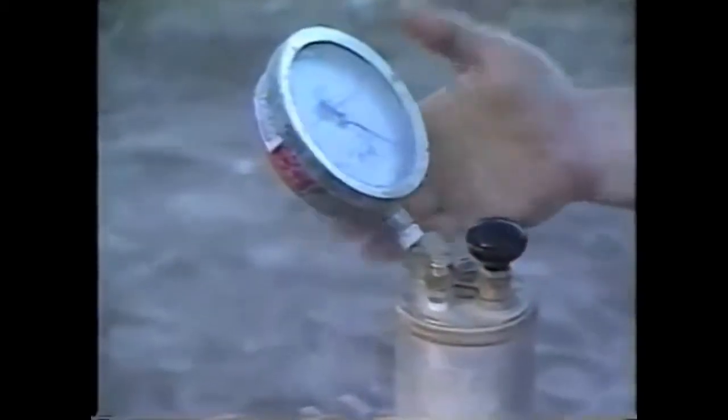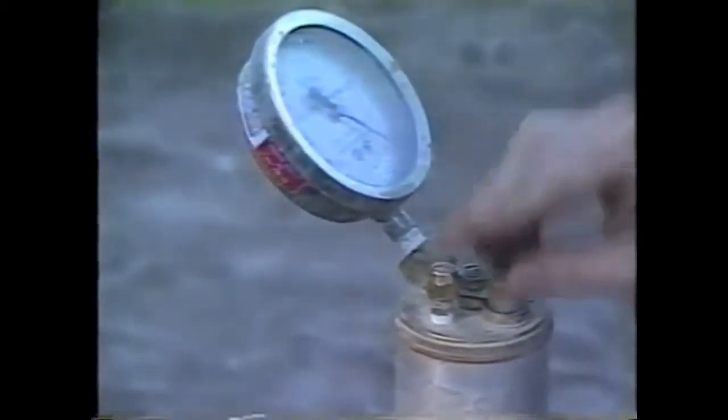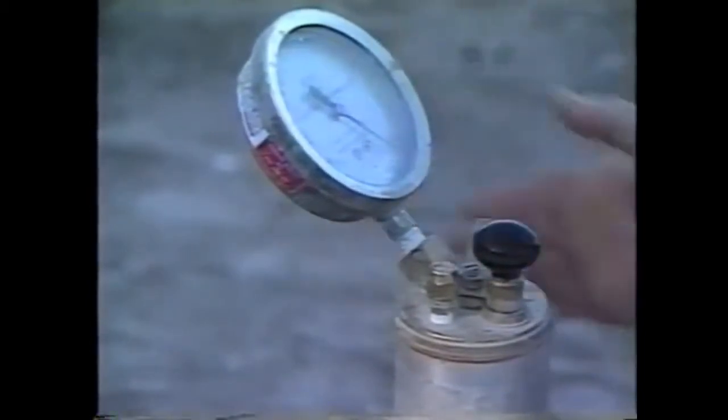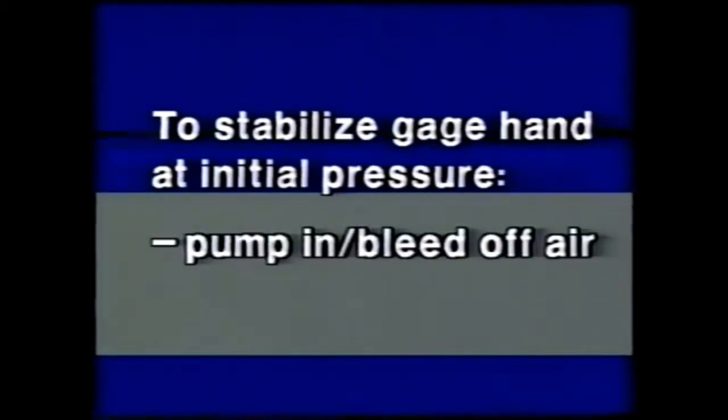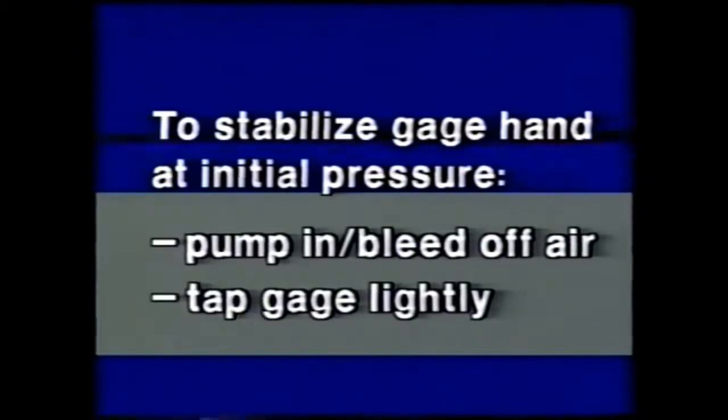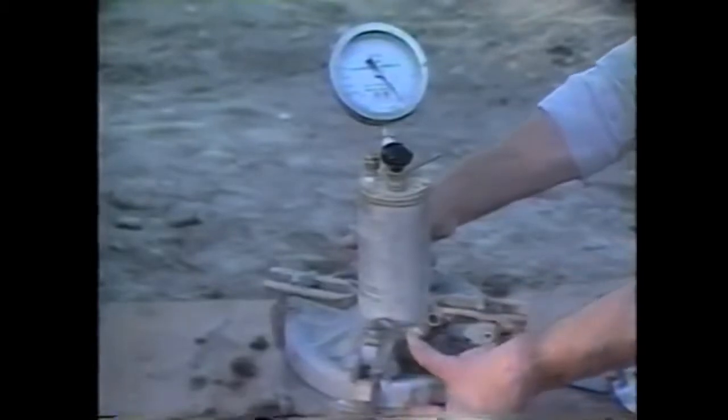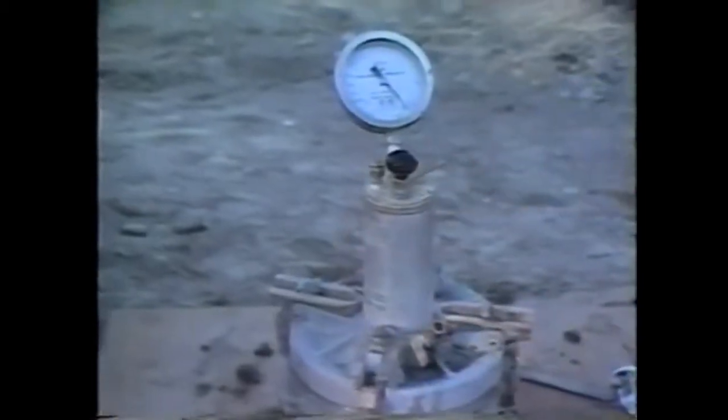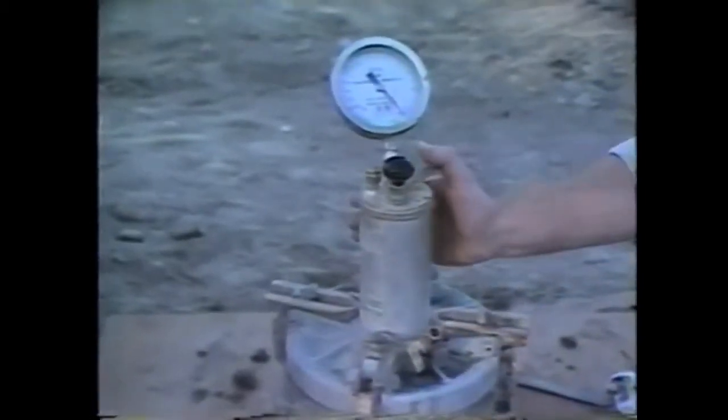With both petcocks open and the air bleeder valve closed, air is pumped into the air chamber until the gauge hand is on the initial pressure line. To stabilize the gauge hand at initial pressure, air is pumped in or bled off as necessary, and the gauge is tapped lightly. Next, both petcocks are closed and the thumb lever is pressed down.